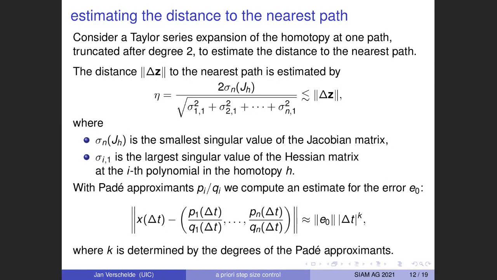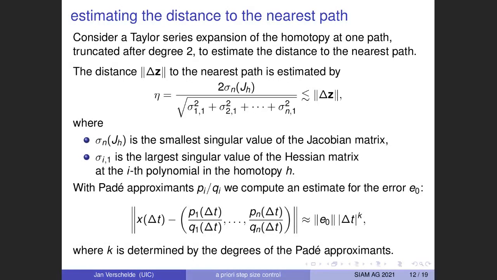That lower bound involves the smallest singular value of the Jacobian matrix and the largest singular values of the Hessians. So with that lower bound, one can compute another error estimate in combination with the Padé approximants.